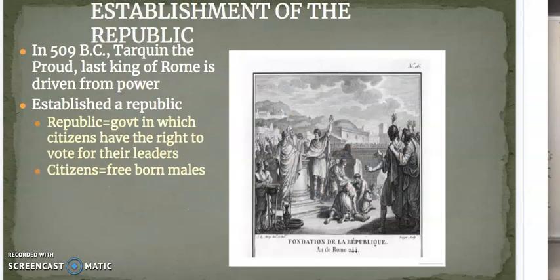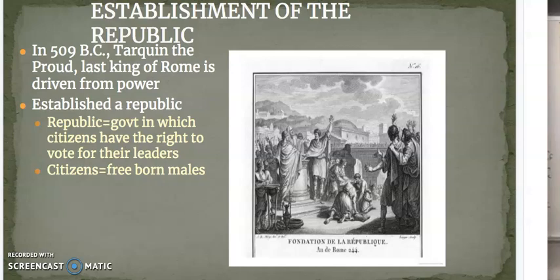And then in 509, it casts away its monarch, its king, Tarquin the Proud, and vows that it will never be ruled by a king again. So again, it has a parallel to the United States, where they say, hey, we don't want a king. We want to govern ourselves, and it establishes a republic.